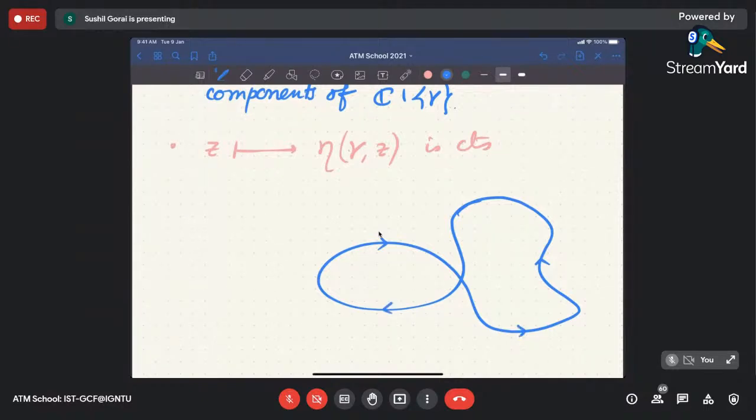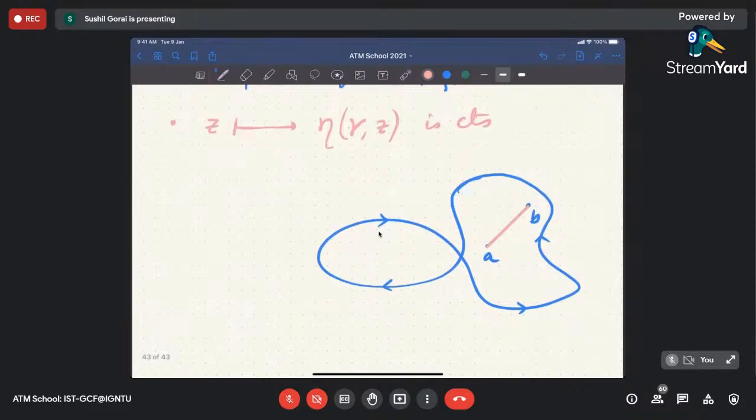And suppose A and B are two points such that the line joining A and B does not intersect gamma. So it lies in a connected path component.